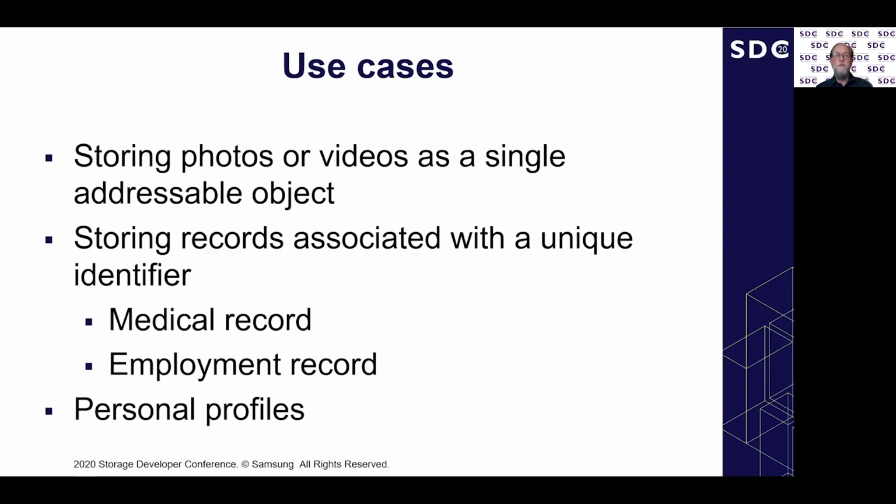Some use cases: storing photos or videos as a single addressable object. This means that the photo or video is stored on your device with just a single address that points to it, which is your key.